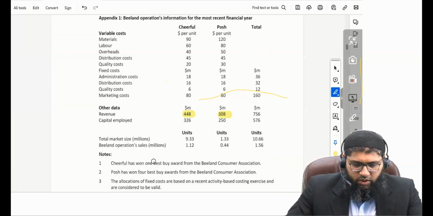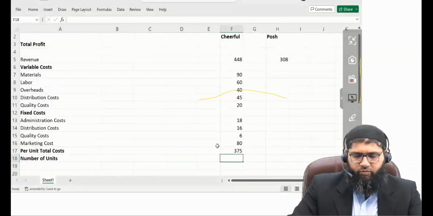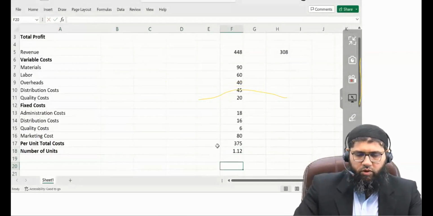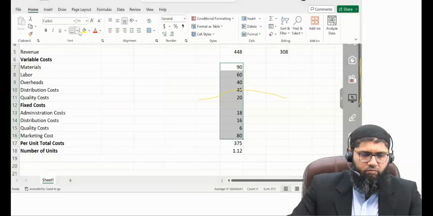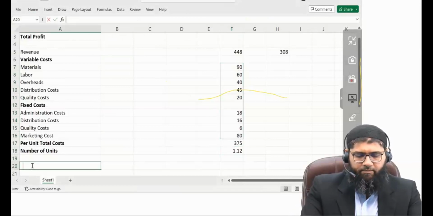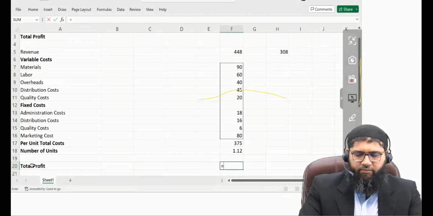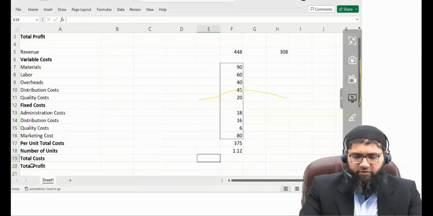Now, 1.12 million units. Hence, resultingly, the total costs are this.